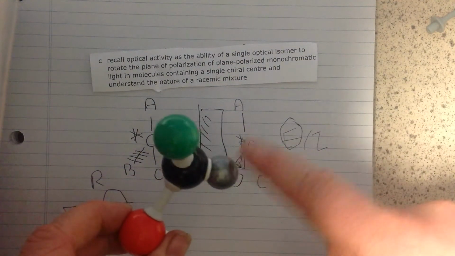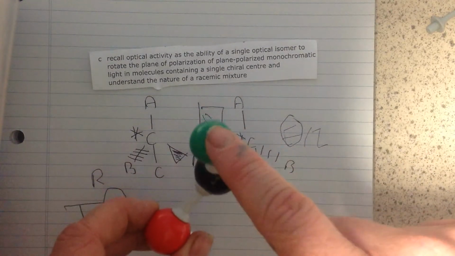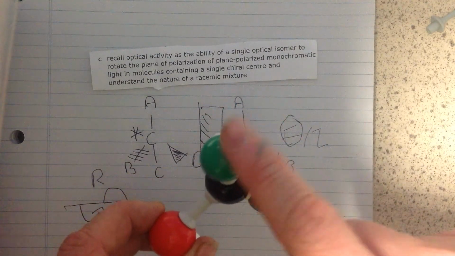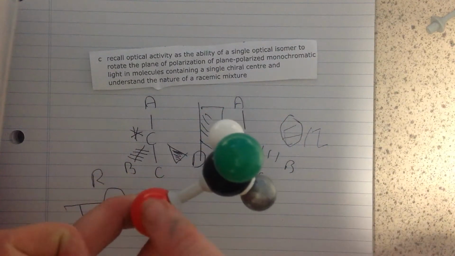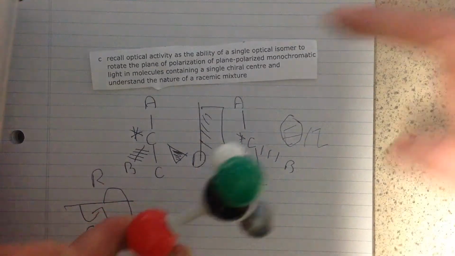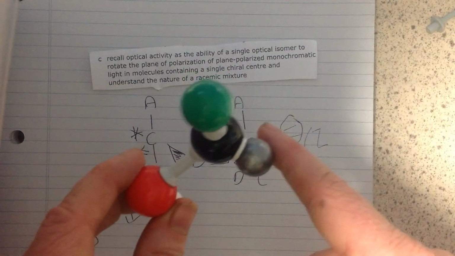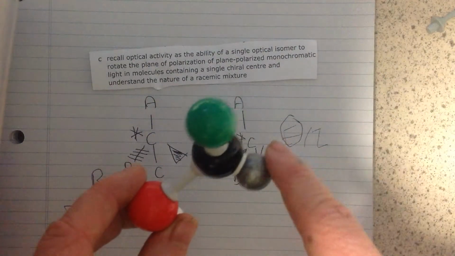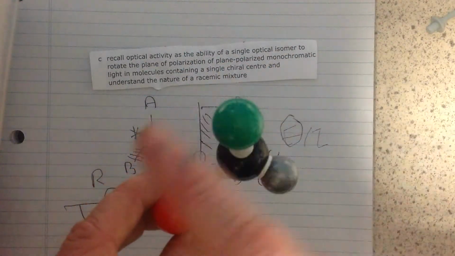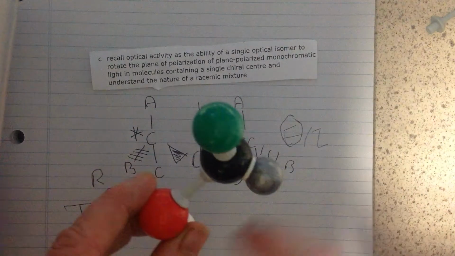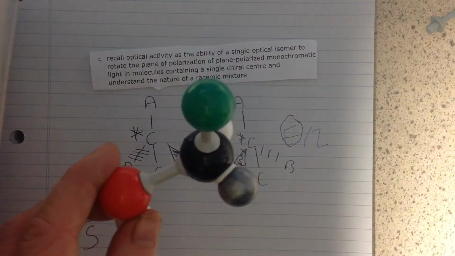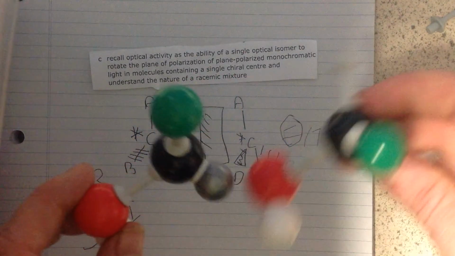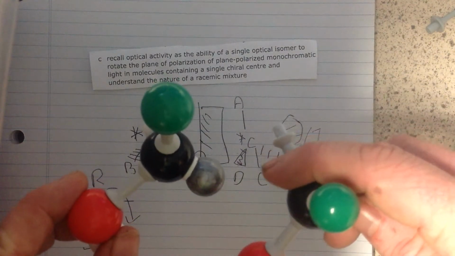So I've got bromine, which is my heaviest, then chlorine, which is my next heaviest, then my hydroxyl group at 17, which is my next heaviest, then my H group. So it's going that way round, which is counterclockwise. So that is an S isomer, and then this one would be your R isomer.